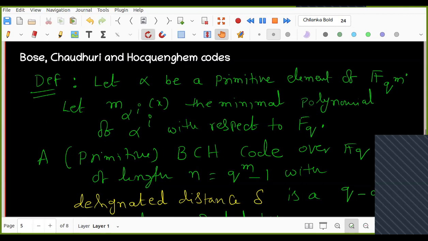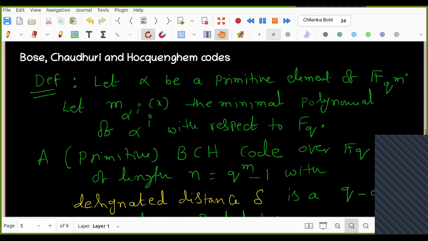Since we know that F_q^m minus 0 is a finite field, alpha is a generator. Then all the elements in F_q^m become 0, 1, alpha, alpha squared, up to alpha power q^m minus 2, right? Then alpha^p, alpha^2p, alpha^(p squared) and so on have the same minimal polynomial.